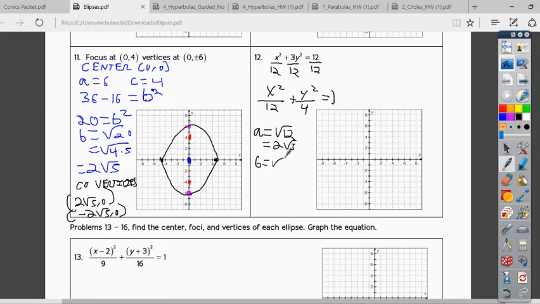B is equal to the square root of 4, which is equal to 2. So our co-vertices will be at 0, 2, and 0, negative 2. Our vertices will be at positive 2 root 3. That's about 1.7 times 2, plus 1.4, is about 3.4. So 3.14. So your vertices will be a little bit past positive 3.